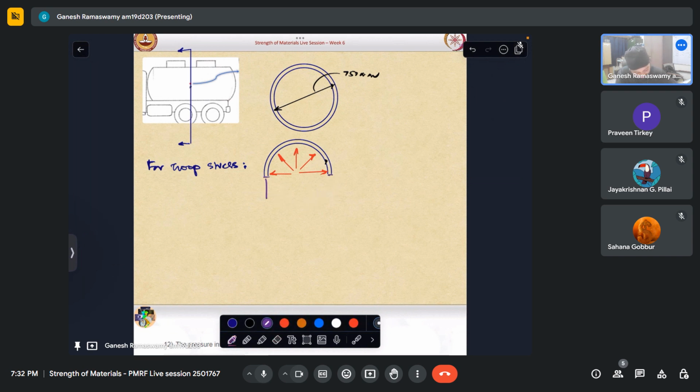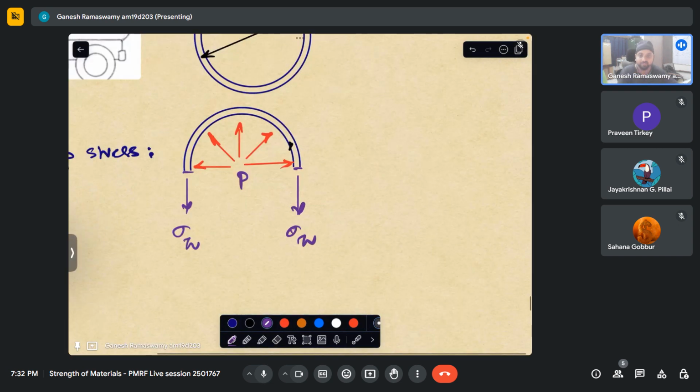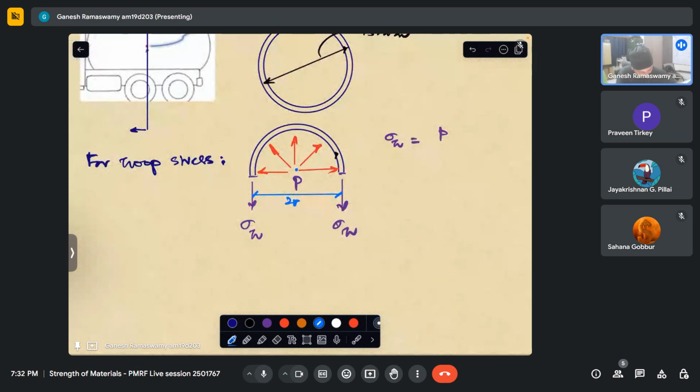So this is sigma h, standing for Hoop, and this is my internal pressure P. From the balance of forces, we saw that sigma h comes out to be P into 2r, where r is the radius, divided by 2T. So this came out to be PR by T. This was our Hoop stress component as per our previous discussions.